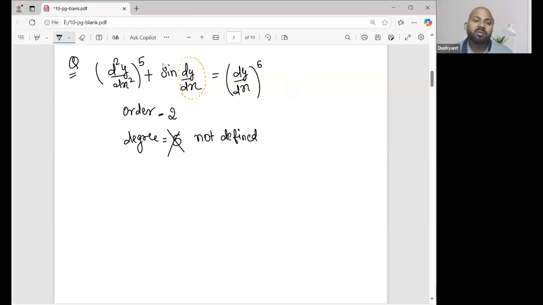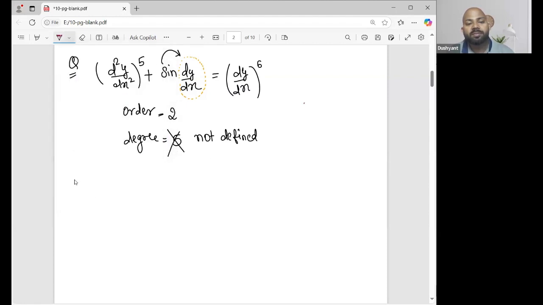If you see, we have sine and then dy over dx. Sine dy over dx means this derivative dy over dx is in the trigonometrical function sine. So the degree will not be defined for this kind of differential equation.